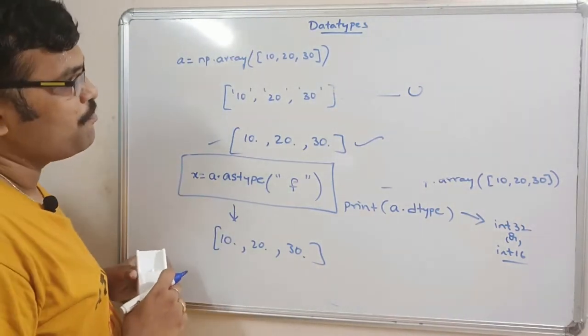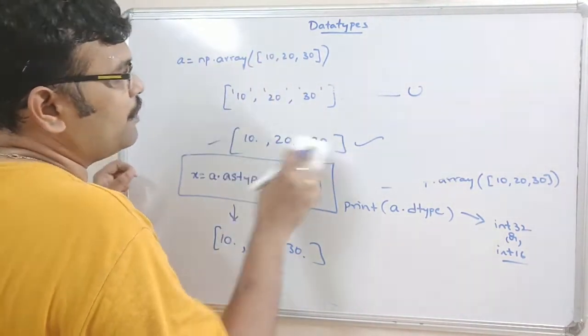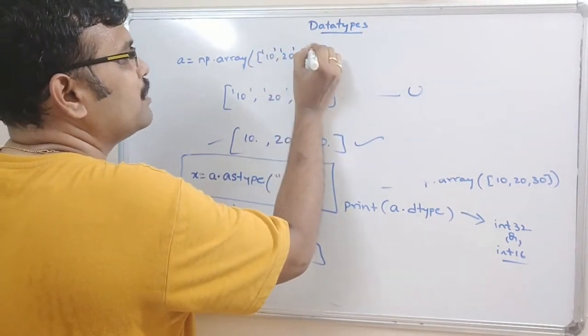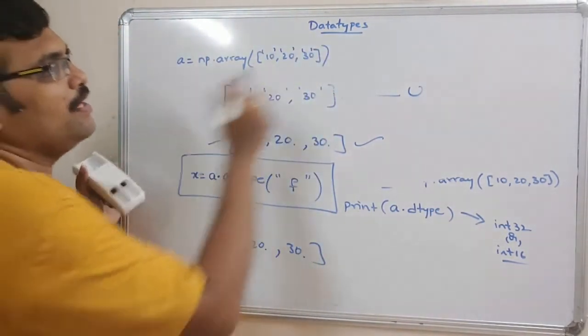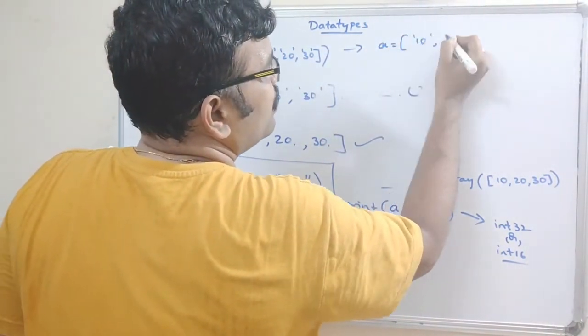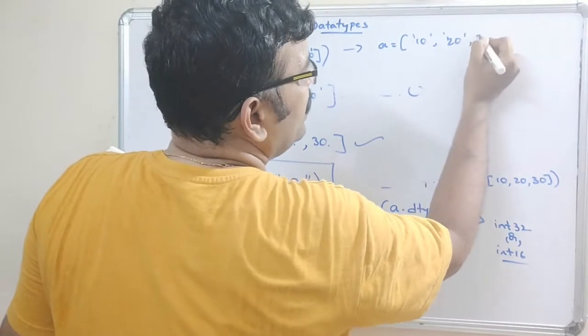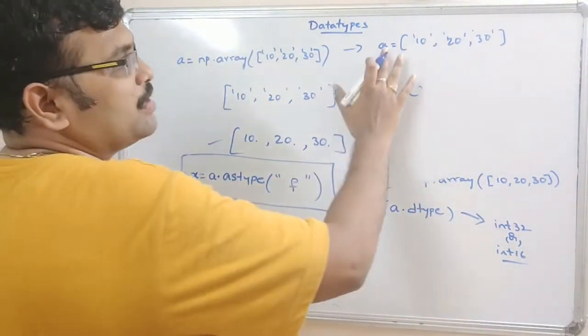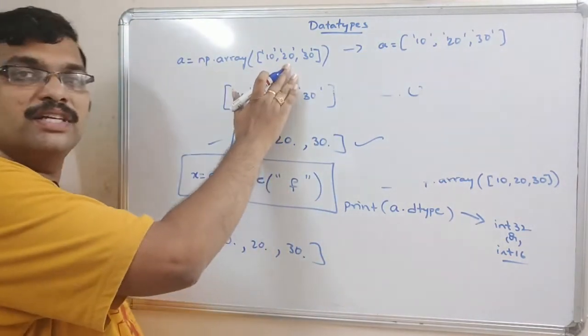And see, if you consider the same unit string characters, let us say A is having the unit string 10, 20, 30. So we have created A with unit string characters.